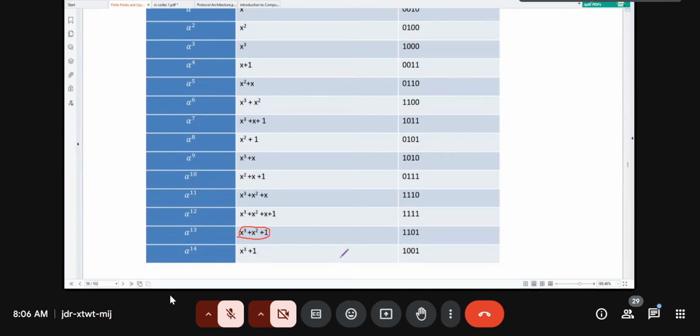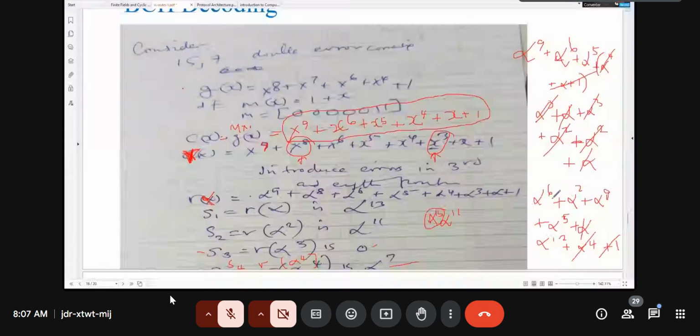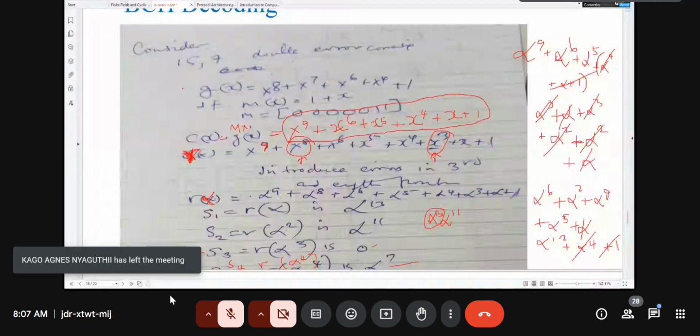So I'm remaining with alpha to the 3 plus alpha plus 1, which is alpha to the 7. Let's check whether we got alpha 7. So I hope everybody was able to do that by substituting from the table.